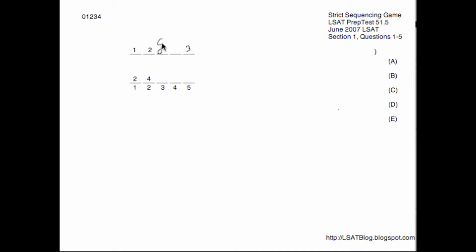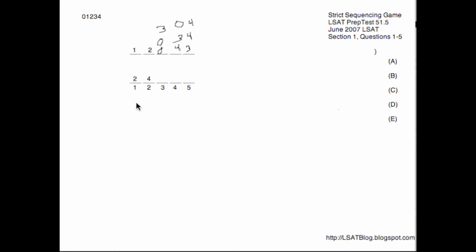We can have 0 on 3 and 4 on 5. Or we can have 3 on 3 and then have 4 on 5. And this tells us that whatever's remaining is going to have to go in the 4th, which would be 0, 3, or 4, depending on which diagram we're dealing with.